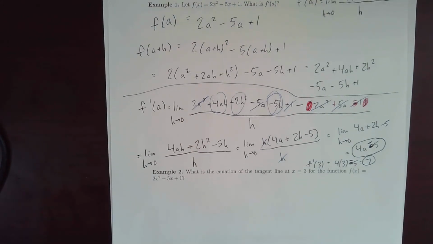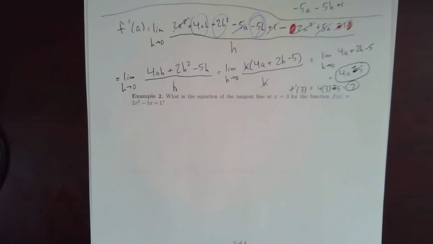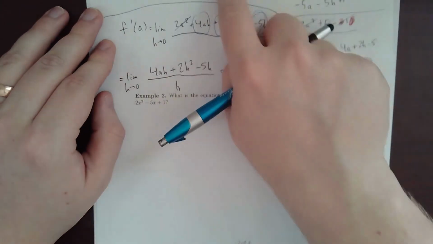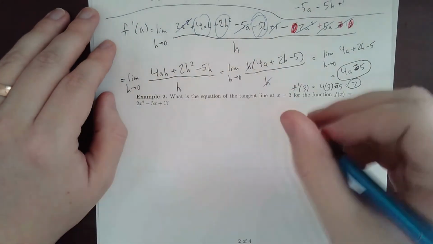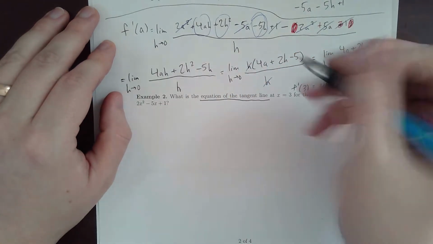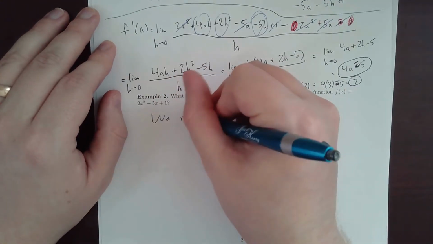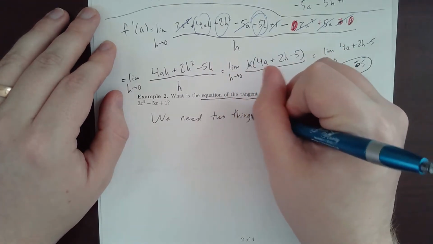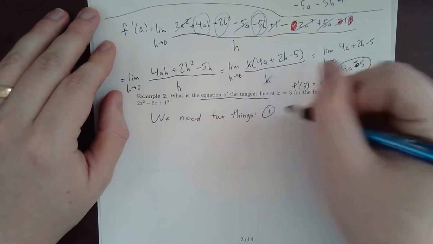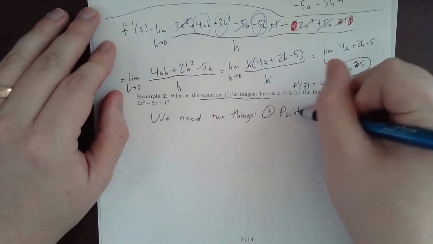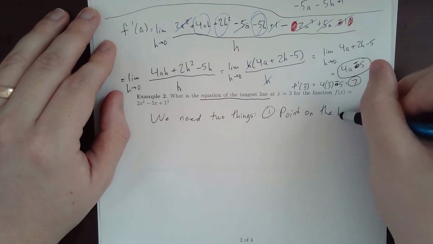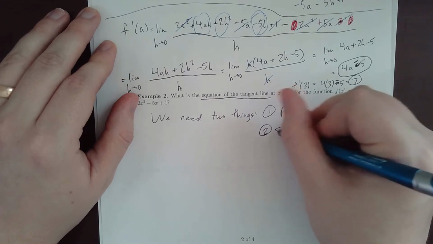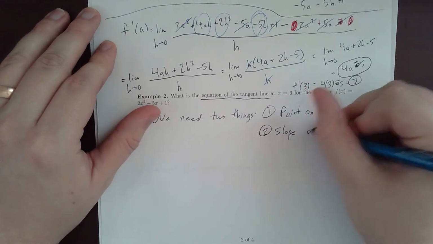All right, next we can go ahead and find the equation of the tangent line at x equals 3 for this function. So same function as the previous example. So in order to find the equation of the tangent line, we need two things. We need a point on the line, so that way we can find the y-intercept, and we need the slope of the line.